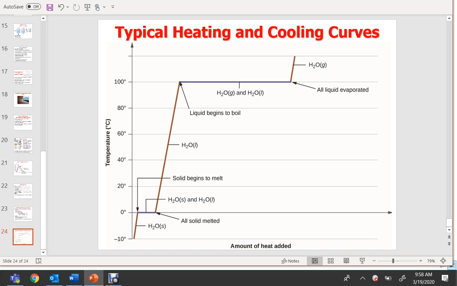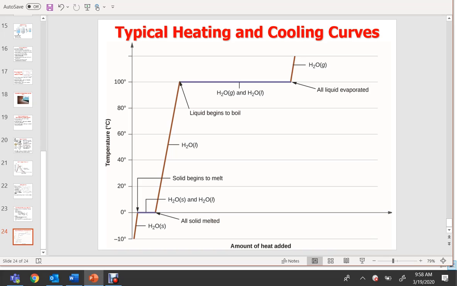And then the liquid can increase its temperature as more heat is provided, from 0 degree to 100 Celsius degree. When the temperature reaches 100 Celsius degree, some of the liquid water evaporates.